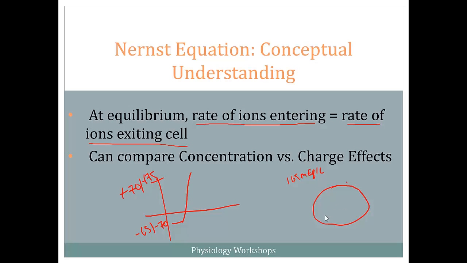Alright, and now on the inside, we still have roughly that tenfold difference, so it's going to be about 10 milliequivalents per liter for our chloride concentration. And here is our CFTR channel.